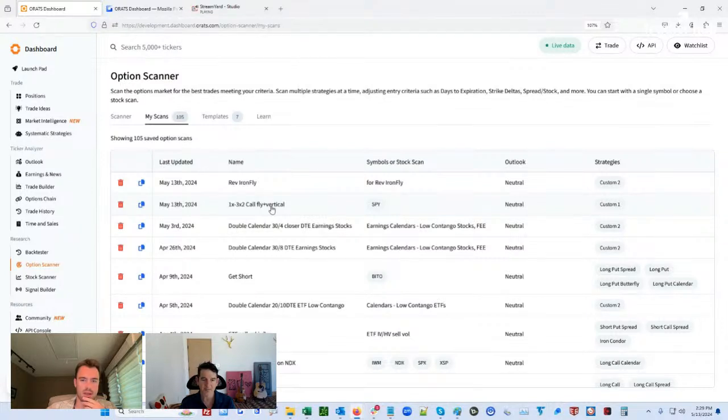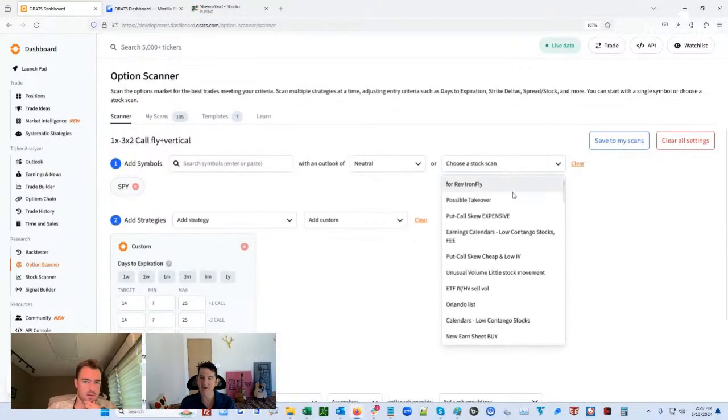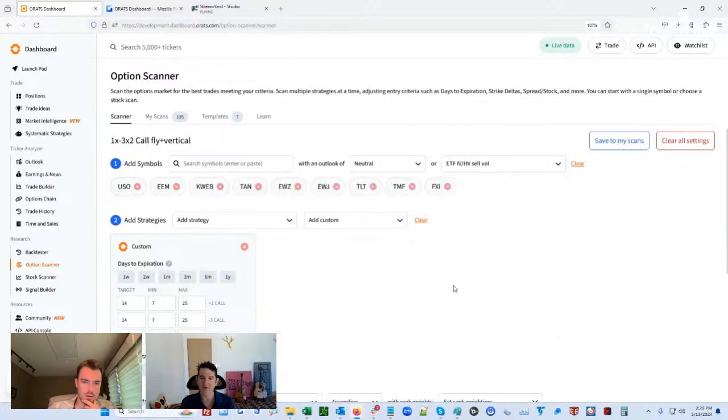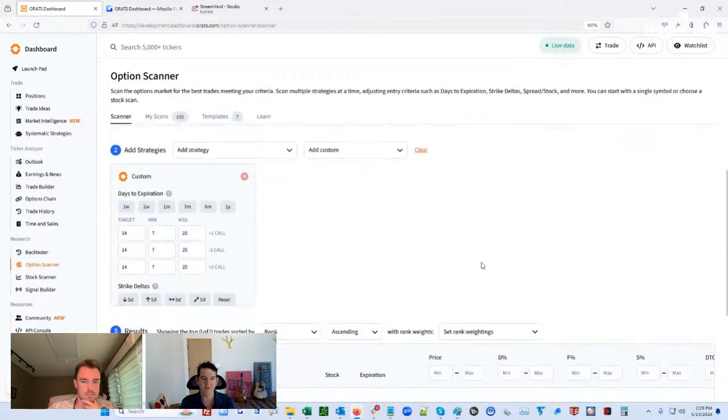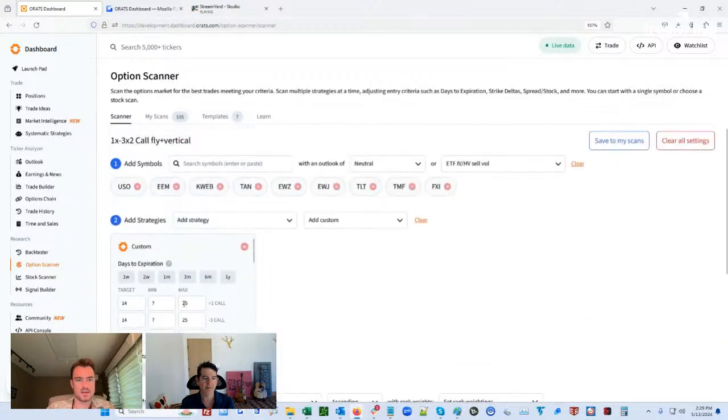So kind of higher gains, higher max gain. We can try looking at that one again. All right. So you know what I could do is I could bring in ETFs sell vol. See if we want to do one of these. I don't know if that'll come up. Yeah, it doesn't look like there's anything coming up for that.